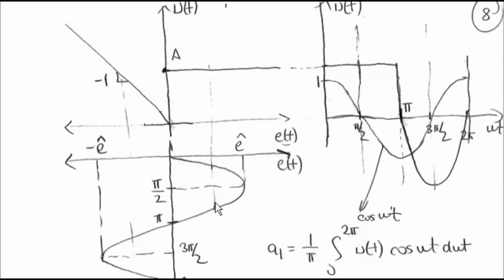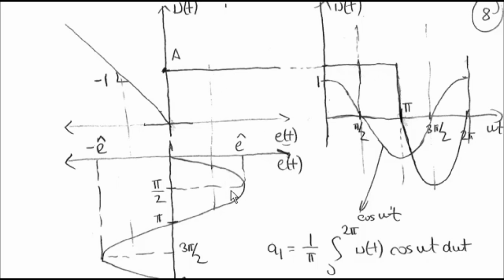I know that for each of these values, the nonlinearity gives me the same response, because the nonlinearity gives me the same response for the same e values. Since these two e values are the same around the value pi over 2, the corresponding output values will be the same.